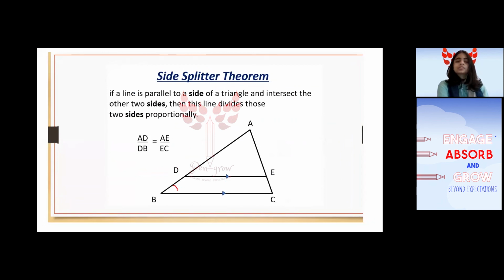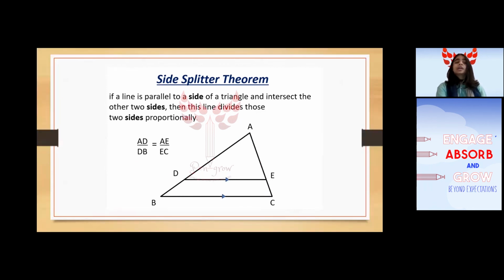Right, so this angle is equal to this angle. This angle is equal to this angle. And this is the common side. Right, so all the three angles are actually congruent.